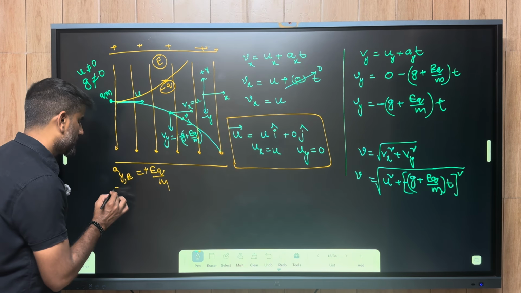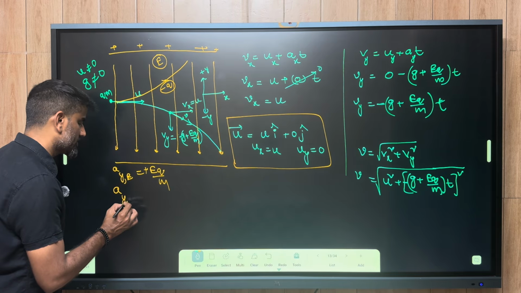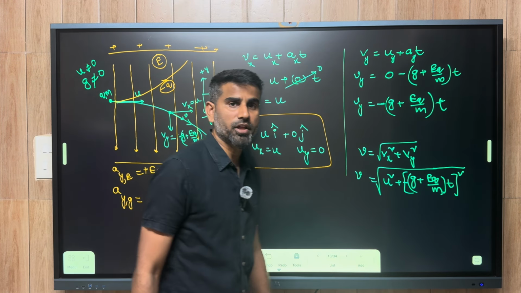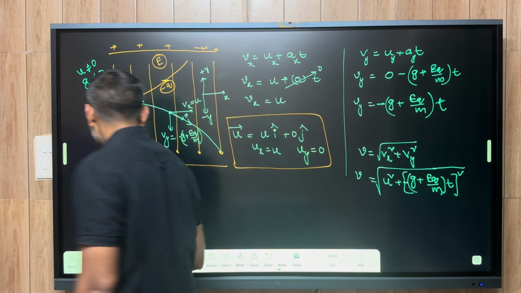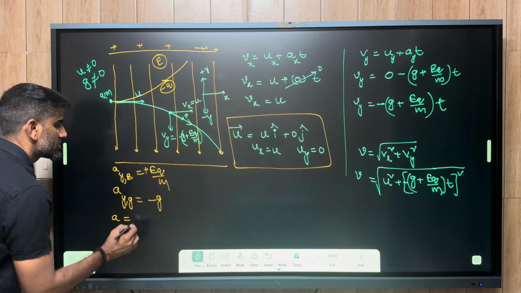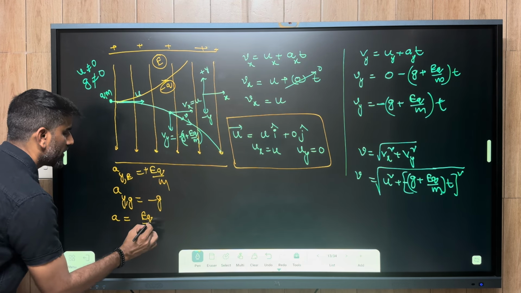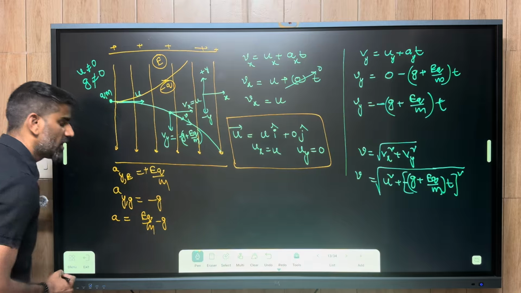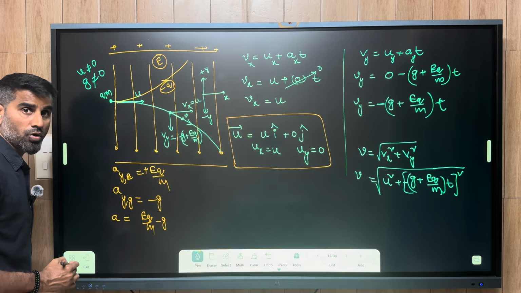Similarly, the acceleration along the y axis due to gravity is minus g only, which is always pointed in the downward direction. So the effective acceleration a is equal to eq by m minus g.